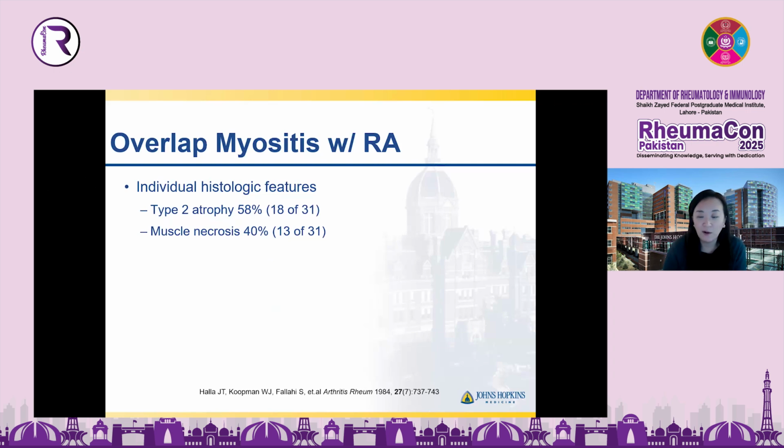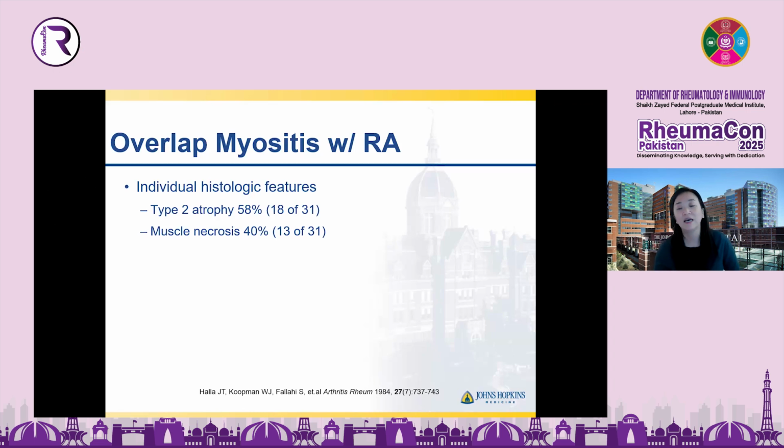But I like this study, and I want to highlight that a lot of people don't get muscle biopsies in patients with RA and myositis because they're probably already on methotrexate or rituximab, and you're already treating them anyway. But in this group, they actually had patients who had muscle biopsies, and you can see 40% had muscle necrosis. And this is even before a necrotizing myopathy was described in the myositis literature.